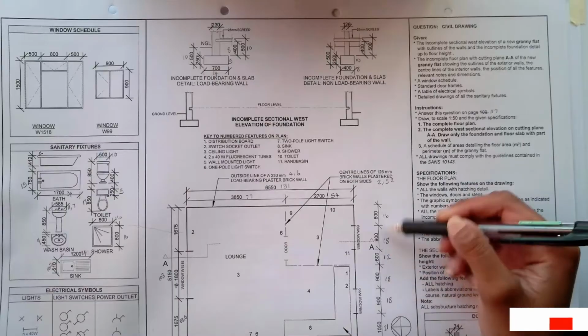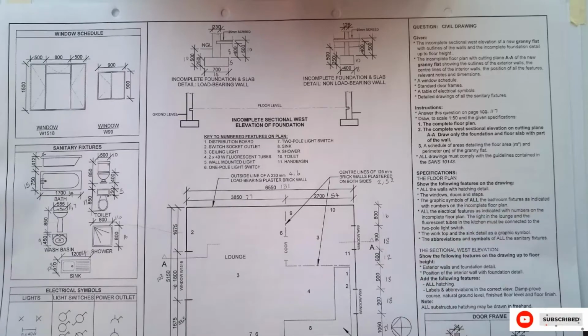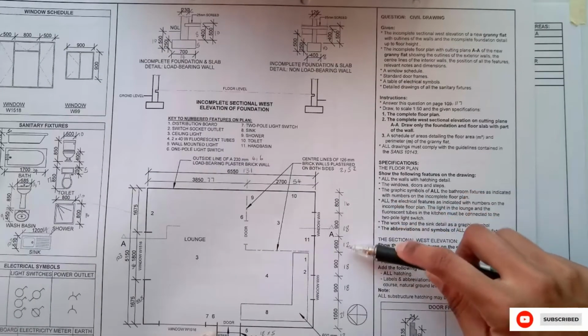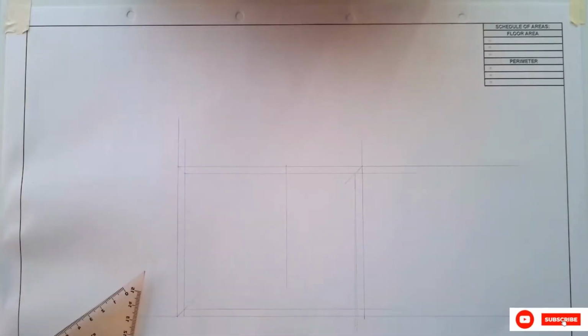In order to get my wall thickness, I need to add these three: 12, 18, 16, and that should give me 29. So from here all the way to here is 29. Let me check. 12 plus 18 plus 16, oh, it's 46. I was wondering, 29 looked too small. So you add 12, 18 plus this, you get 46.